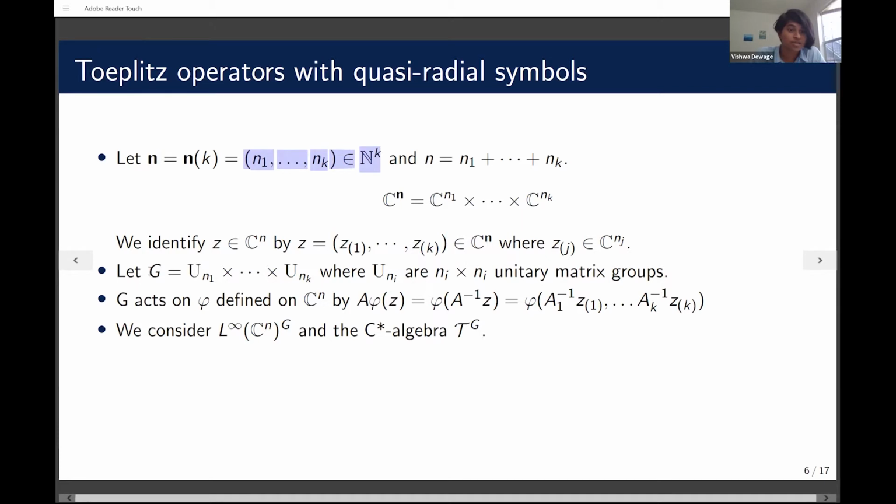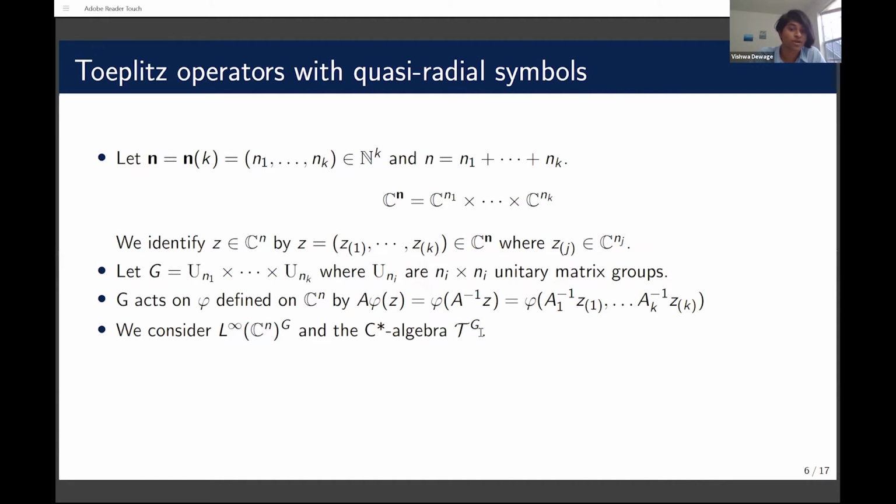And this is again a subgroup of U(n), and we have the usual action on the symbols, phi of A inverse c, which is also the component-wise actions from elements in U(nj). And we consider the symbols which are essentially bounded and G invariant. We call them quasi-radial, and we are interested in the C-star algebra generated by corresponding Toeplitz operators.